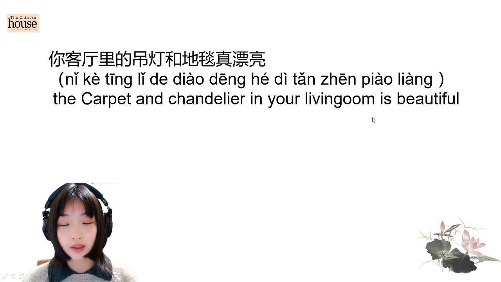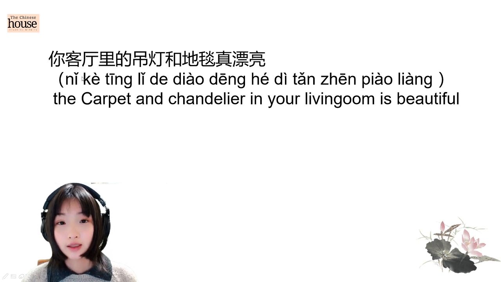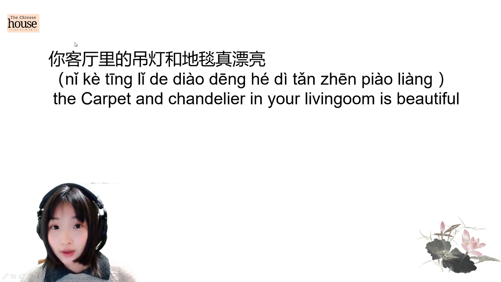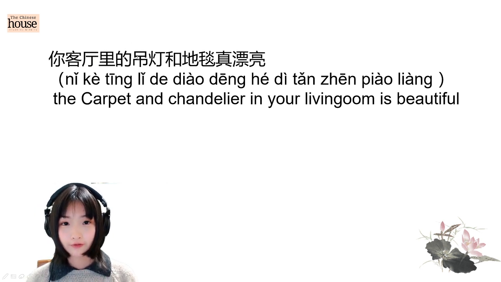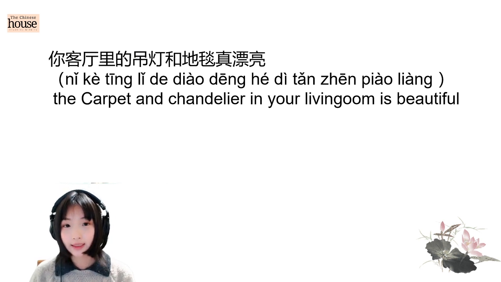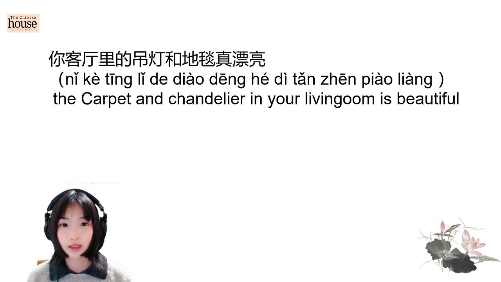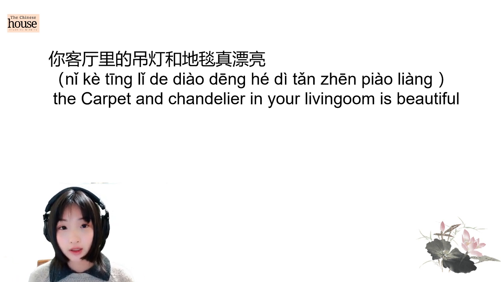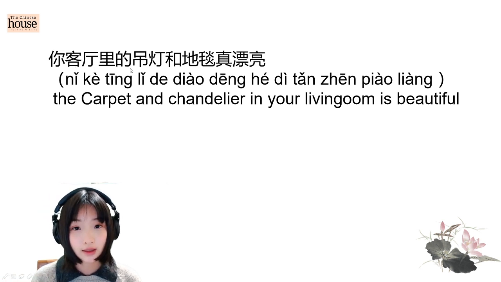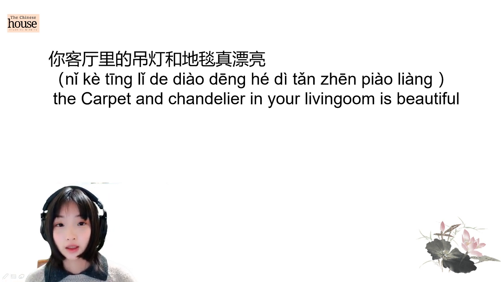your living room are beautiful. 你客厅. We have omitted the 的 after 你 because there's already a 的 later in the sentence. If there are so many 的 in the sentence it will seem kind of complex, but it's okay if you add it. So you can add it in this sentence, but you can omit it: 你客厅里的 or 你的客厅里的.